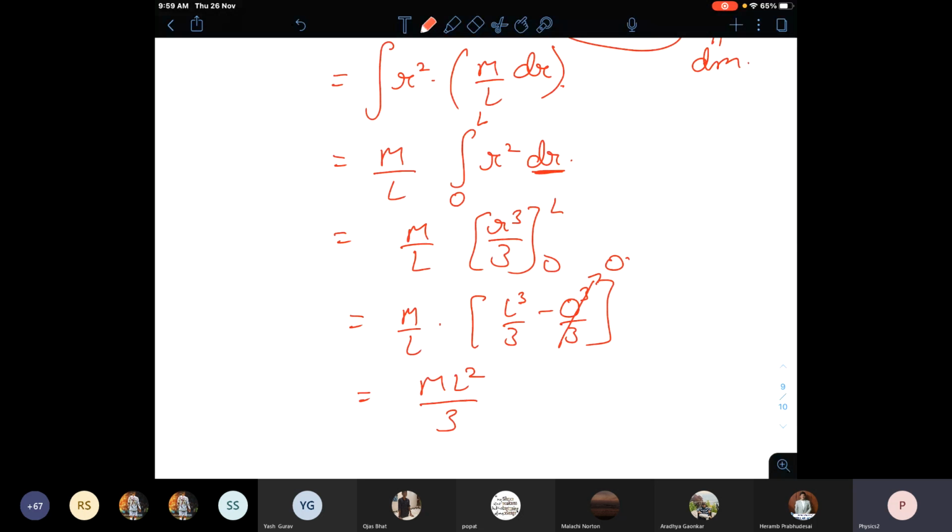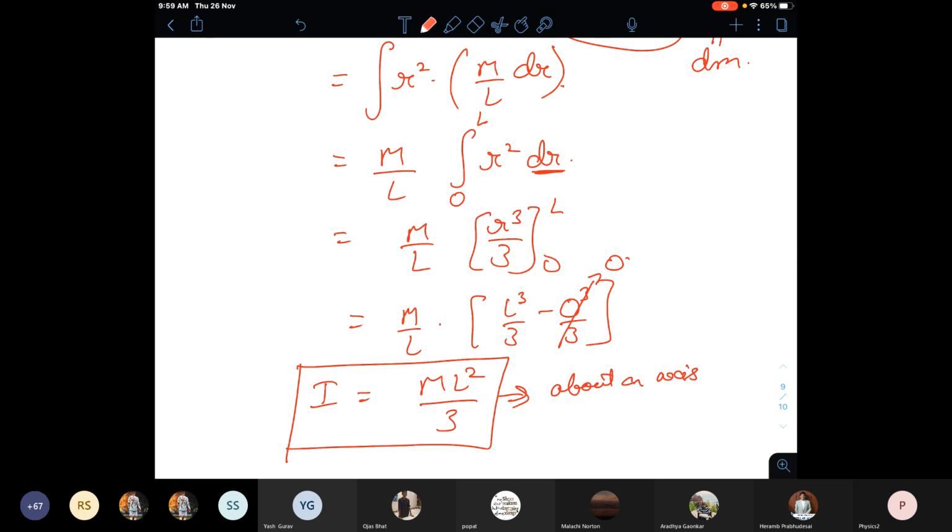This is the moment of inertia of a rod about an axis passing through one end of the rod.